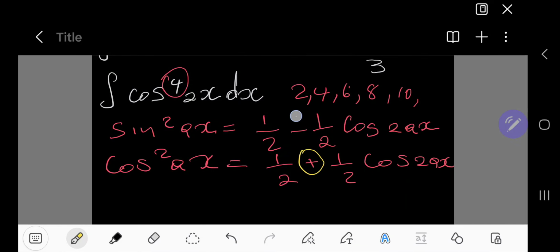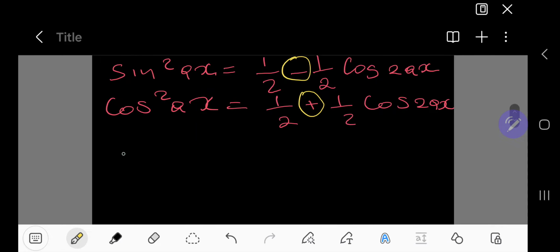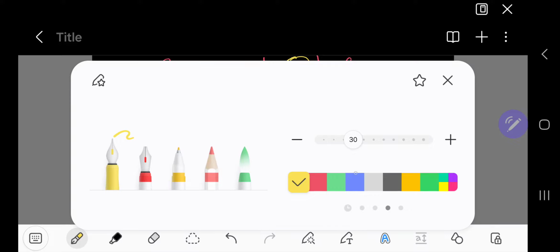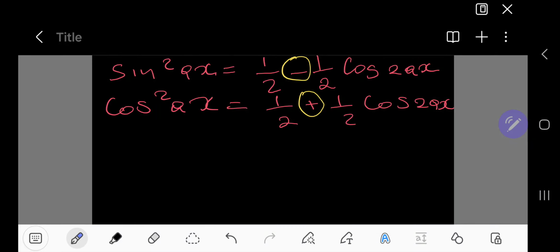If it's sine, it's going to be negative. So we want to remember these identities whenever we've got an even exponent.